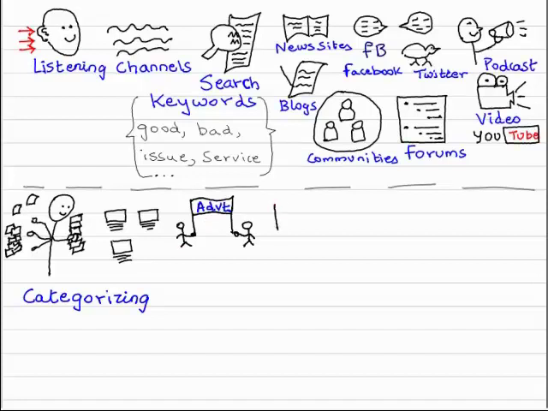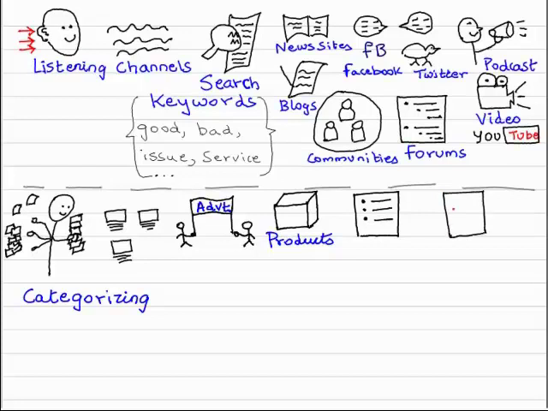Or it could be feedback about your latest product offering. Or maybe it is comments about the features of your latest product released. Additionally, it could be about how people perceive your product versus the competition.